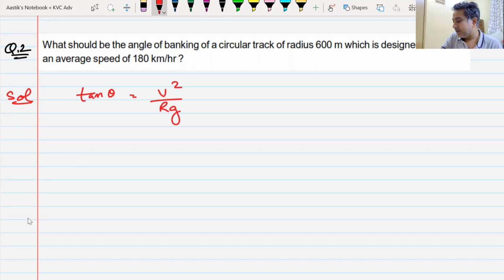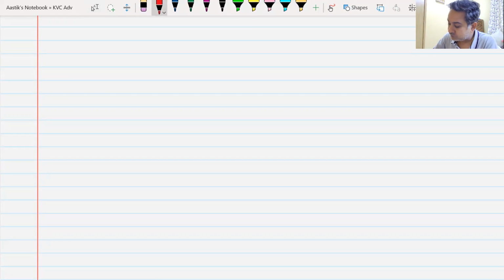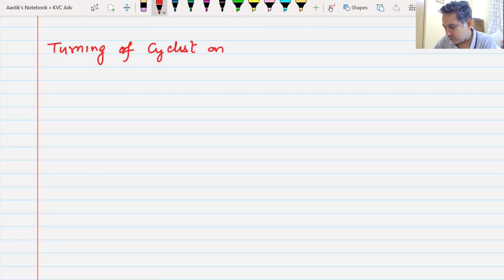Okay. One more thing they can ask you is this one, so you can write the next heading. Turning of a cyclist or motorcyclist on a road.